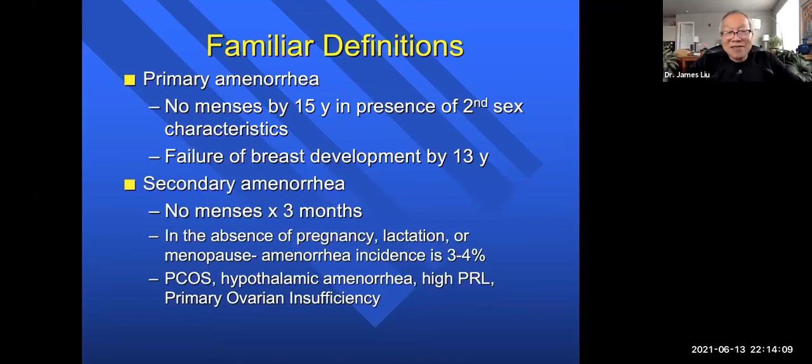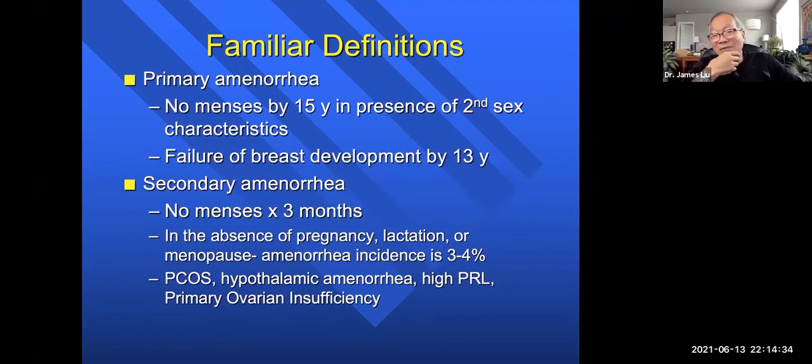In contrast, the vast majority of patients we deal with, probably 95 to almost 99%, have secondary amenorrhea, and we arbitrarily define this as no menses for 3 months. And obviously, in the absence of pregnancy, lactation, or menopause, this amenorrhea incidence isn't very high.